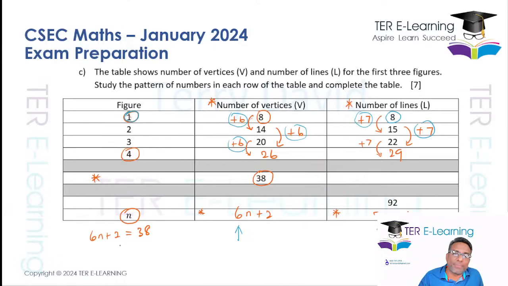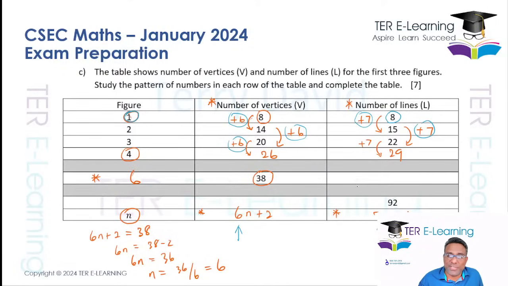So 6n is equal to 38 minus 2, so 6n is equal to 36. So n is equal to 36 over 6. Therefore, this corresponds to figure 6. So this here is going to be 6, right?